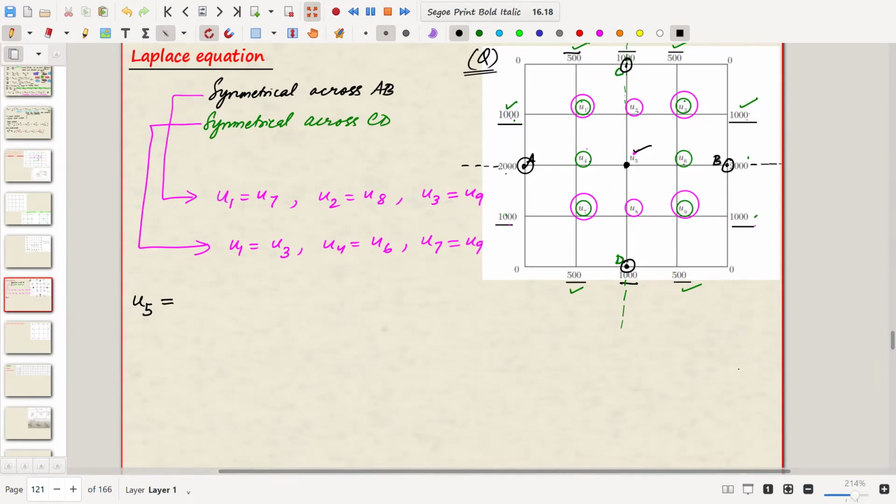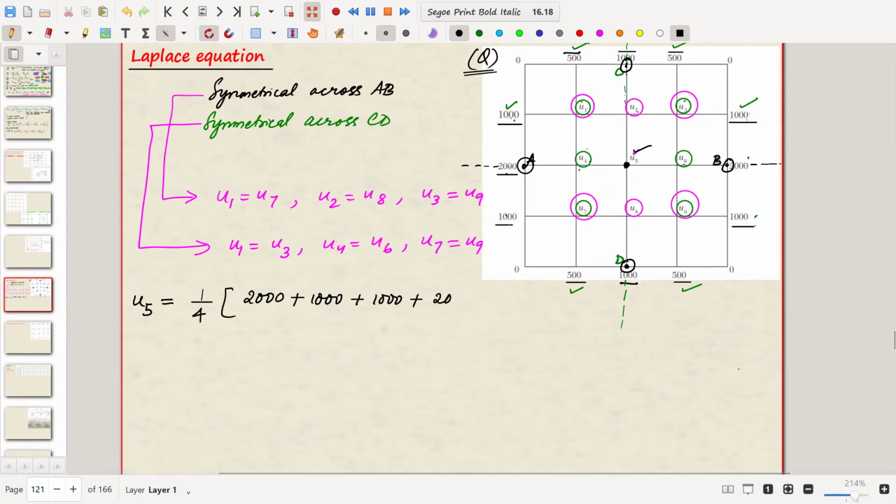Think of it as heat flow. Think of it as a metal plate. If this guy is 2000 degrees, then this guy will not be 10 degrees. It will also be very close to that magnitude. So U5 is 1 by 4 times this guy 2000 plus this guy 1000, plus 1000 here below, then on the side, here 2000, I think.